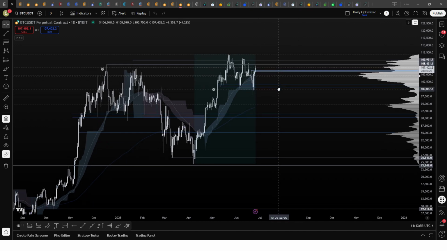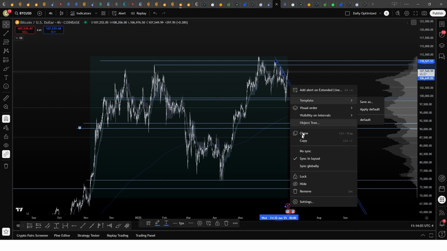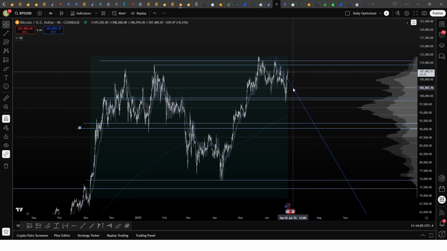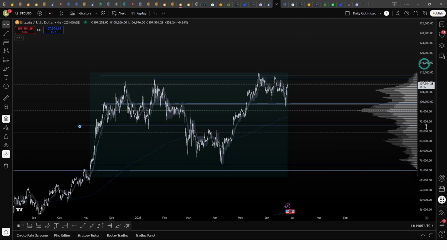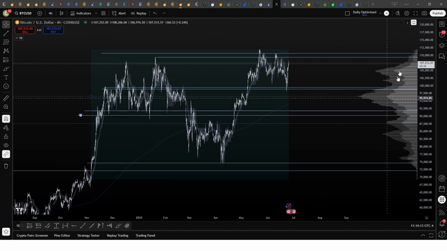So this is good nuance here. Let me get a cleaner chart. This is my clean Bitcoin chart, and what we'll do is get rid of some of this noise. Okay. So this is a very clean Bitcoin chart, just levels and just volume and price.